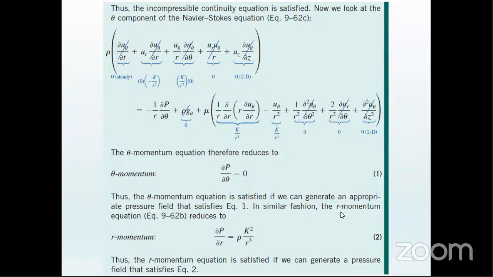In similar fashion, the r momentum equation can also be reduced to del p over del r equal to rho times k square over r cubed. The r momentum equation is satisfied if we can generate a pressure field that satisfies this equation.